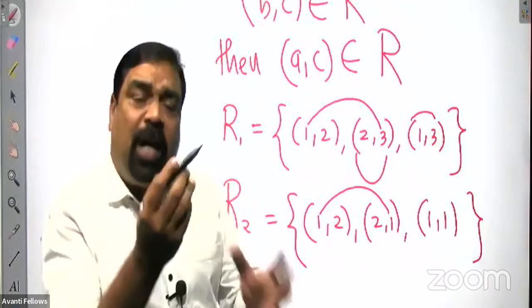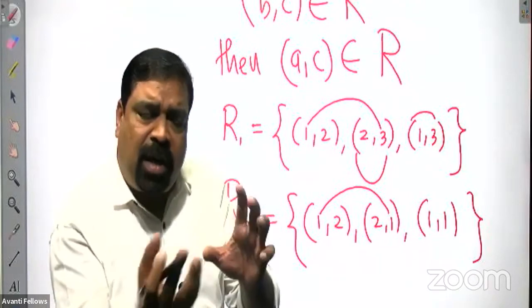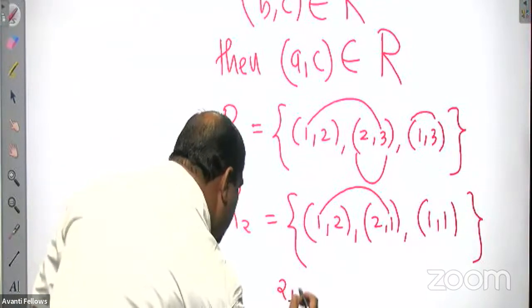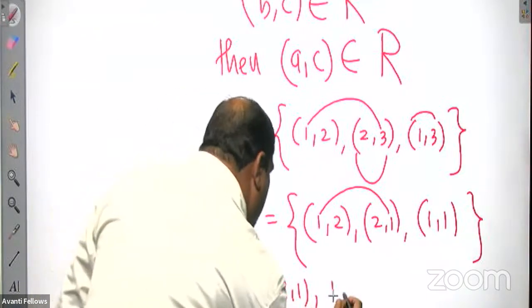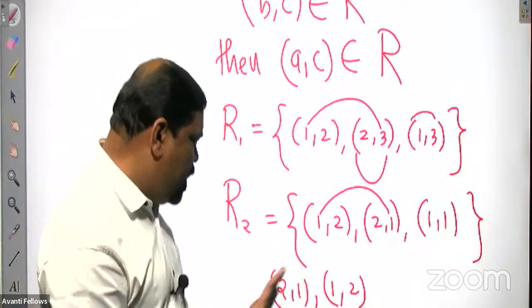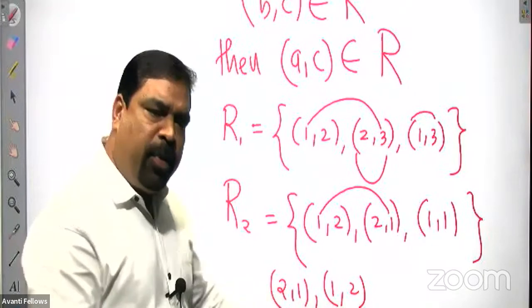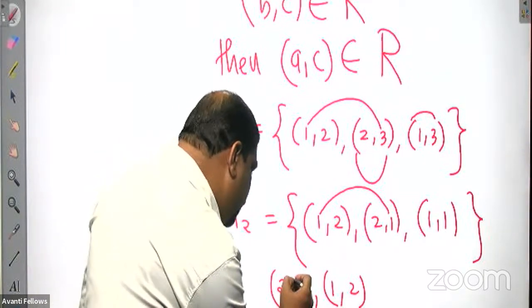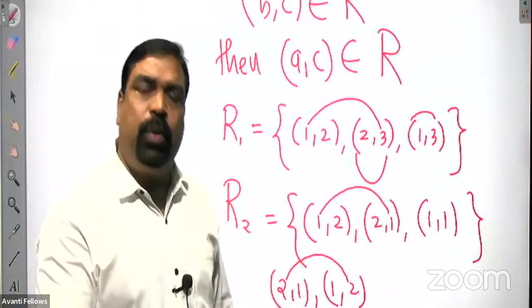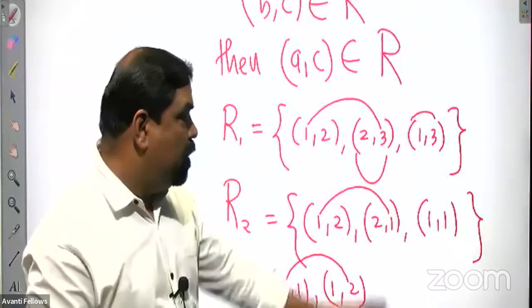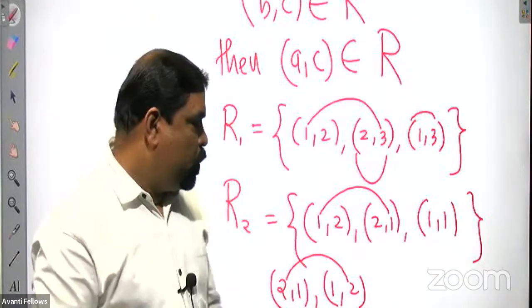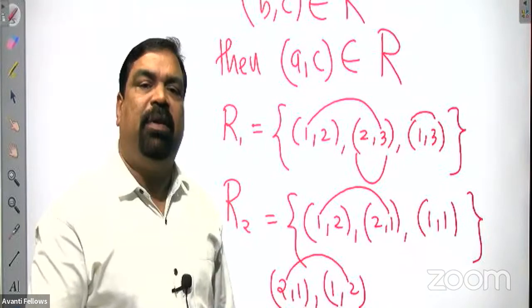What's the problem? We have to take it the other way also. Suppose I take (2, 1) first. (2, 1) is there and (1, 2) is there. Then according to our definition, (A, B) is there, (B, C) is there, so (2, 2) also must be there. But there is no (2, 2) here. So it is not a transitive relation.